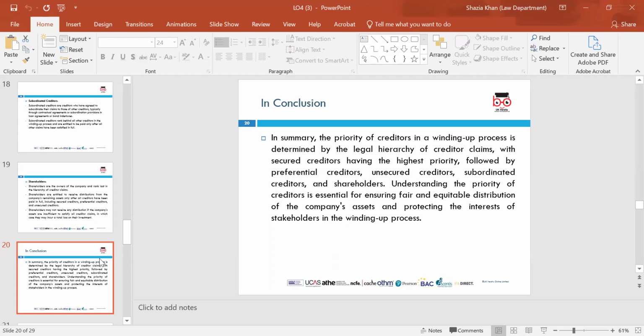The company's assets are sold for the benefit of the creditors, but creditors are grouped into specific categories, as we mentioned earlier, from the hierarchy of creditor claims, with secured creditors down to shareholders. And this typically means that the creditor falling at the bottom of the priority list receives little or no return, as we mentioned in regards to shareholders receiving nothing.